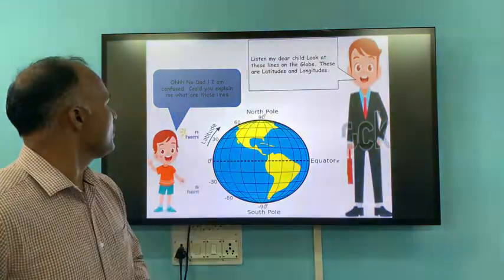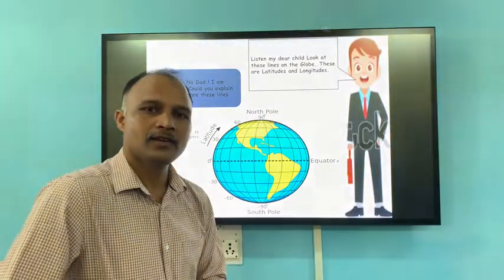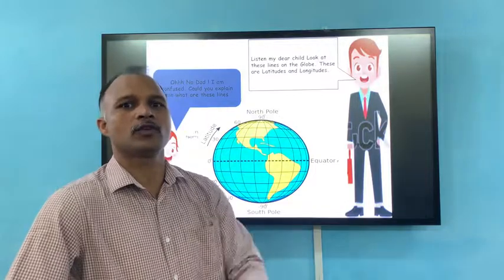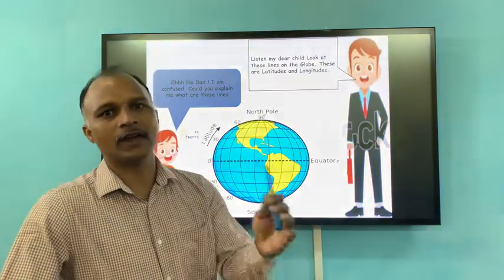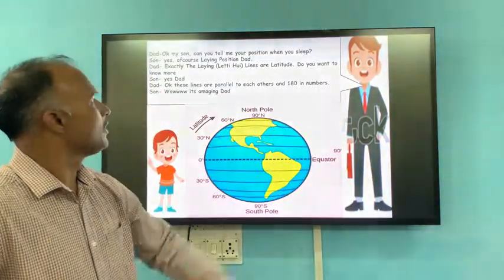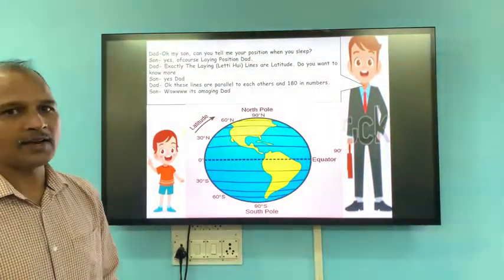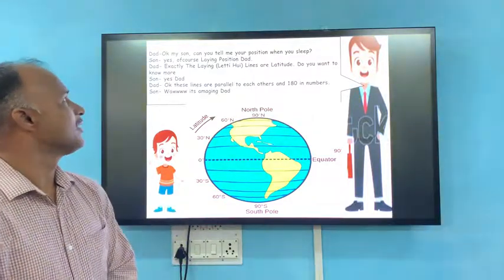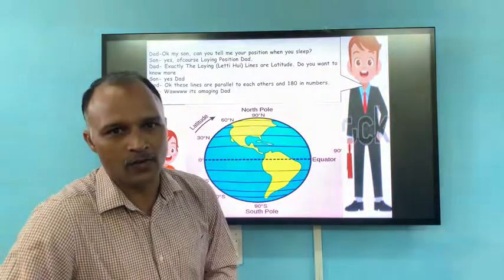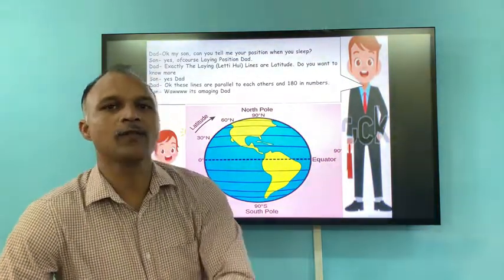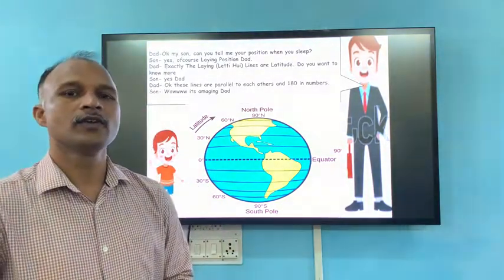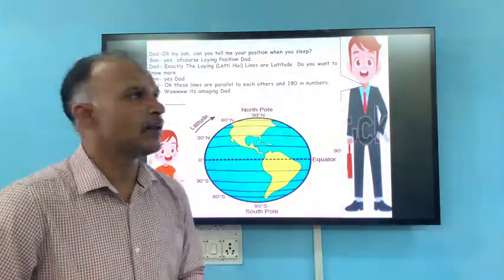Could you explain to me what these lines are?" He was very curious about what latitudes and longitudes are. Then his father said, "Okay, my dear son, I am explaining to you." Before the explanation, he asked some questions to his son.